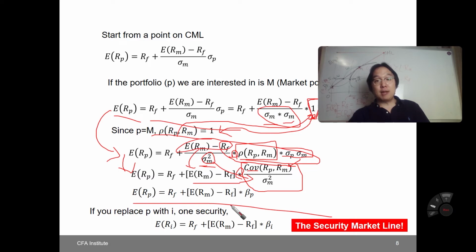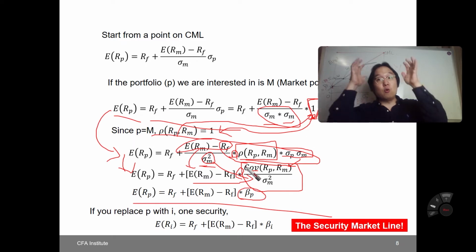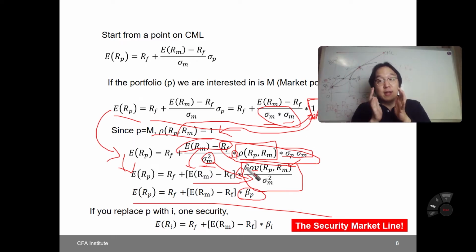The same thing, and then this one goes down, and this ugly term over here, covariance over variance, is called something called beta. That's the first encounter in our class, the beta. And here, again, we're still talking about the portfolio level.